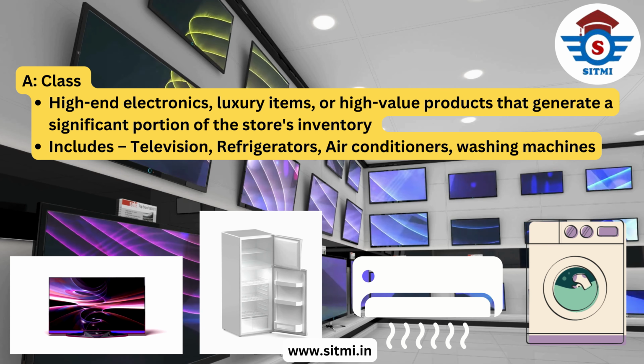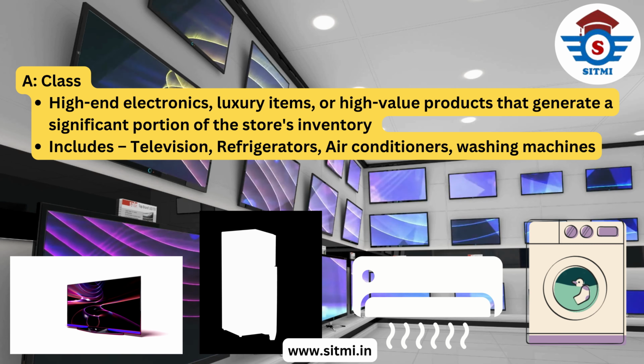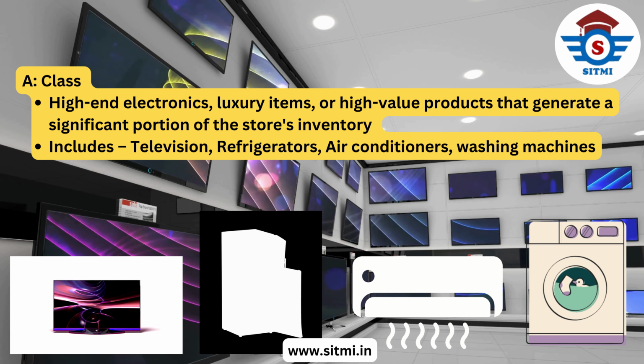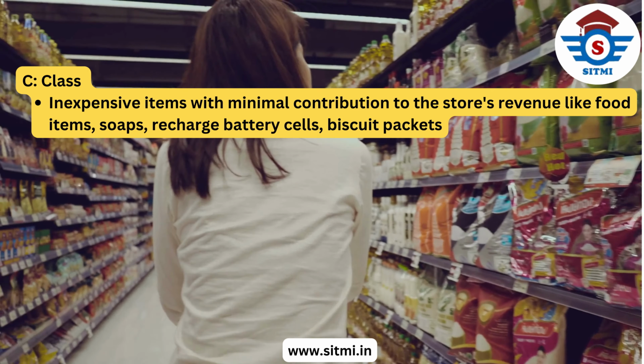B class items include medium value items like clothes or household items like utensils. And C class products are inexpensive items with a huge contribution in numbers in terms of the store's inventory. These can be food items, soap, rechargeable batteries, or biscuit packets.